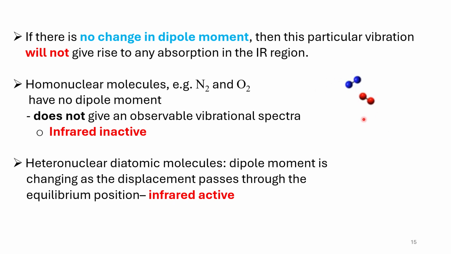We call these molecules infrared inactive molecules. Whereas for heteronuclear diatomic molecules, the dipole moment changes as the displacement passes through the equilibrium position, and we call these infrared active molecules.